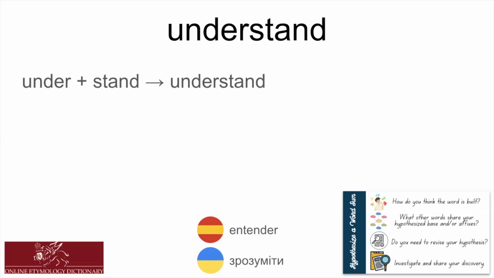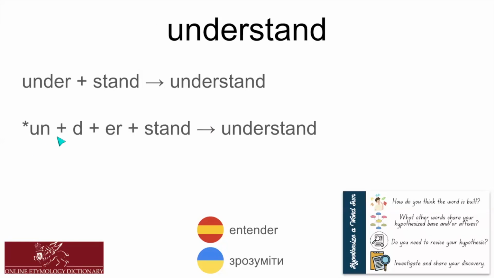Maybe UN in this case is functioning as a prefix. You might also look at this word under and think ER is a suffix that I know about. It makes an agent noun like a maker, a thinker, a walker. And so that's something I know.